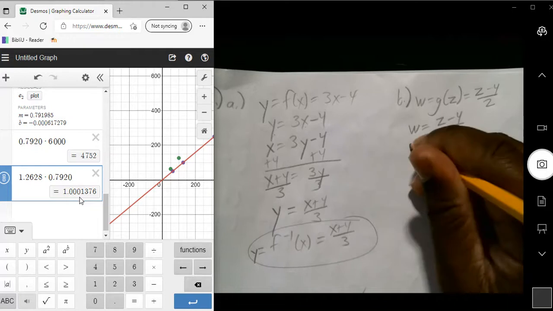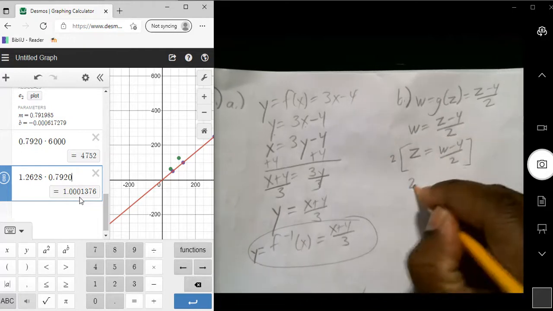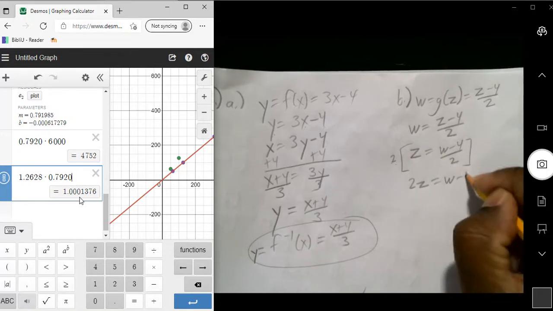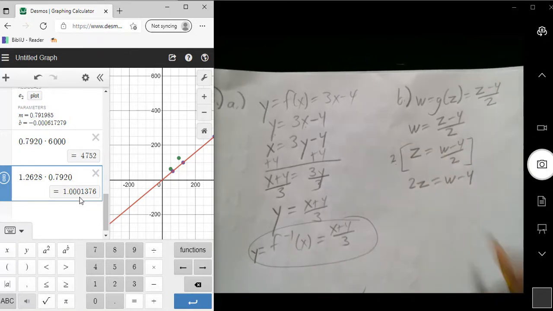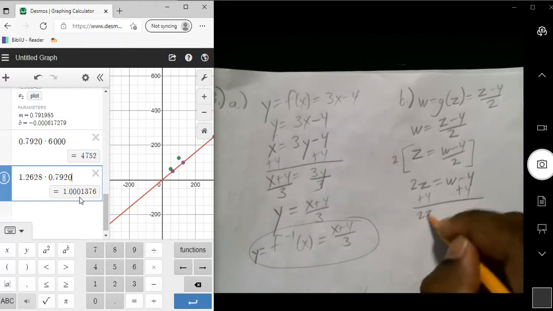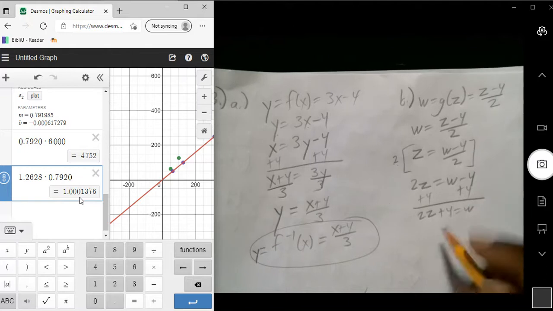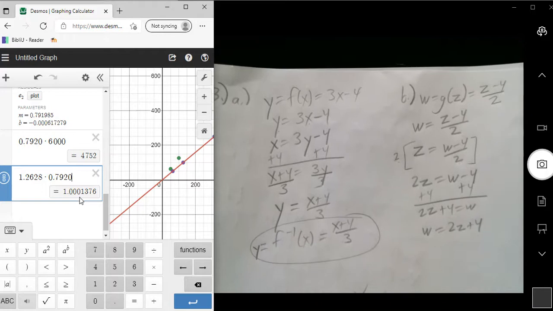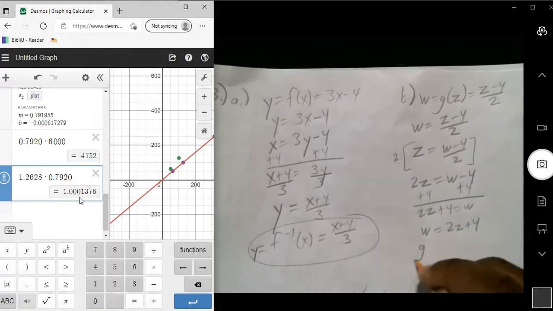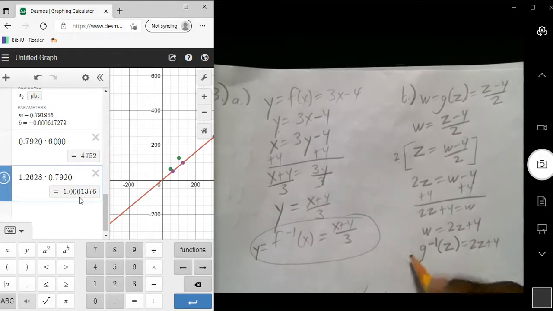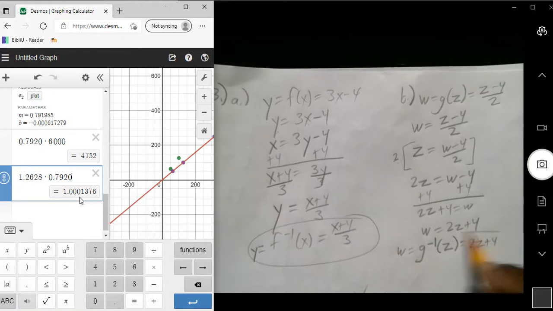So I will multiply each side by 2. So this would be 2Z is equal to, these 2's will simplify out, and this would be W minus 4. We add 4 on both sides, and we have 2Z plus 4 is equal to W. So this is really W is equal to 2Z plus 4. So now we will have G inverse of Z is equal to 2Z plus 4. Now you can write the W equals there as well.